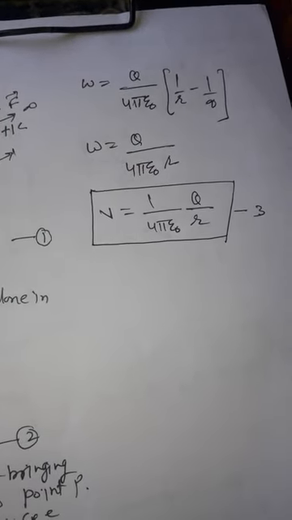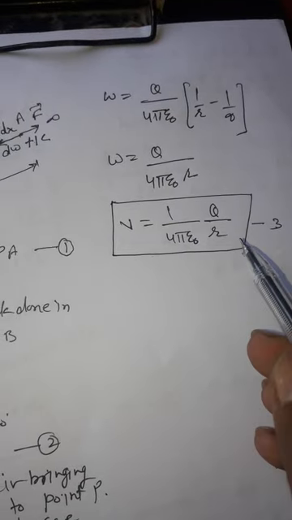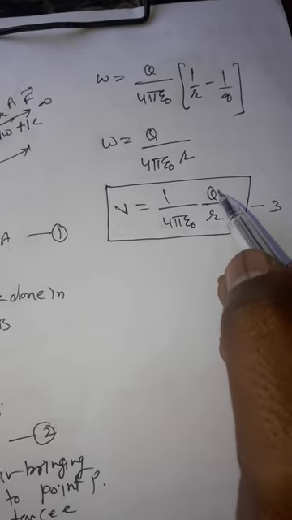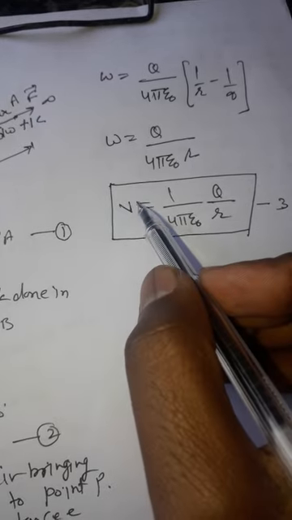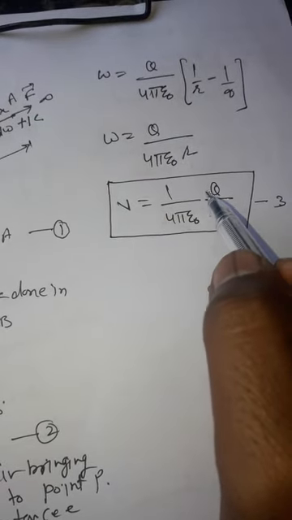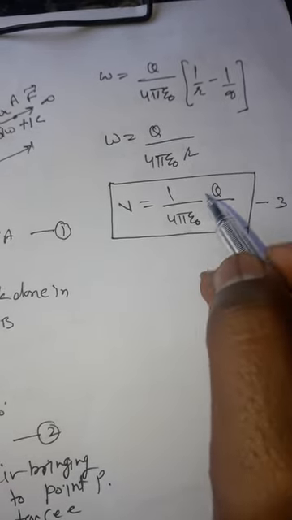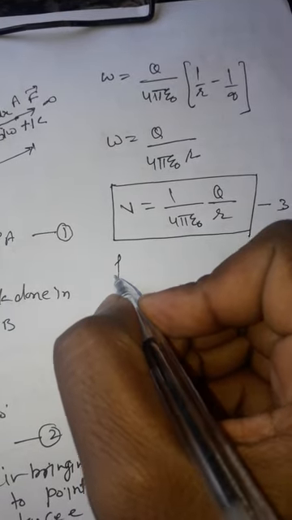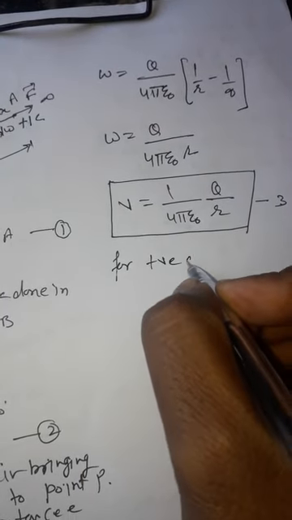Now as it is clear from expression 3, for a positive charge potential is positive, and for a negative charge potential is also negative.